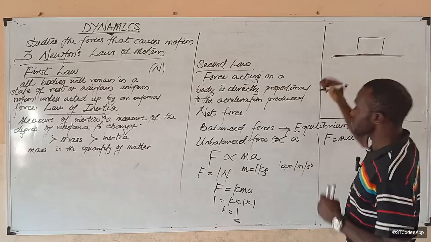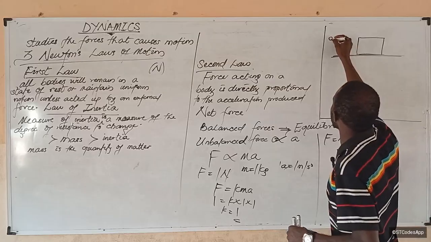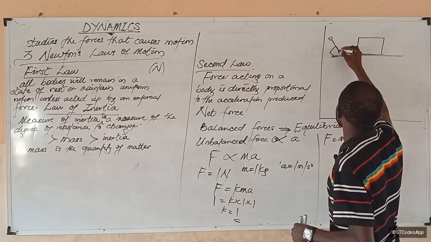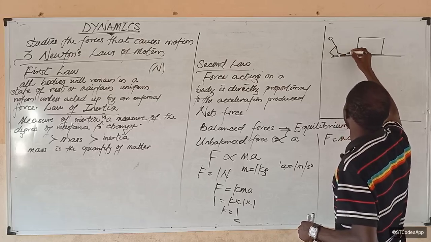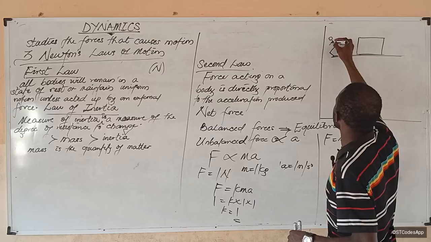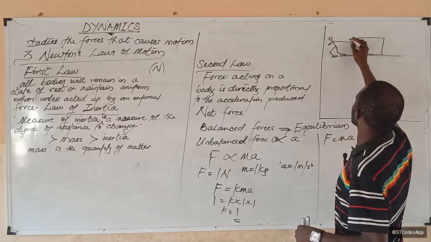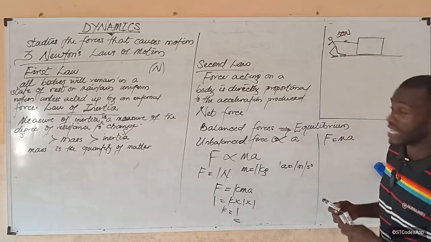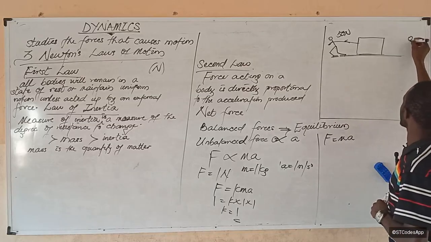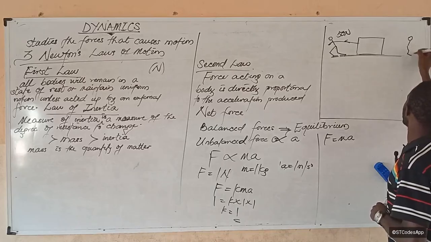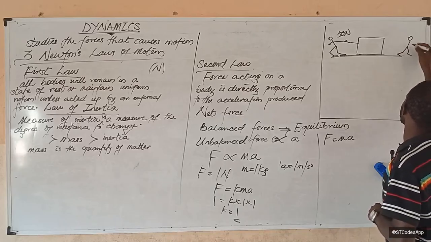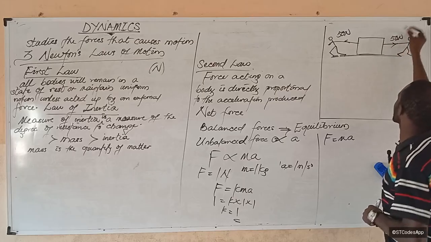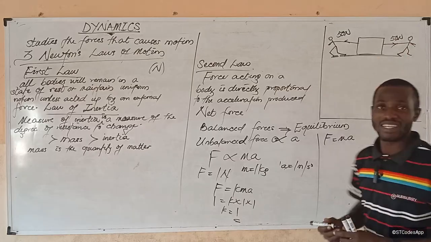If I have a mass and someone is pulling in this direction, exerting 50 Newtons of force on it, and another strong guy here is also pulling with all his efforts, exerting the same 50 Newtons of force, will this body move?